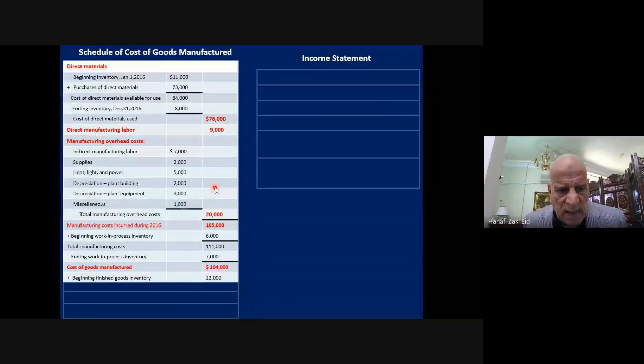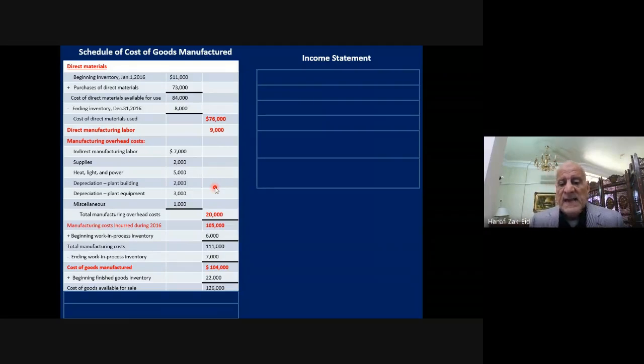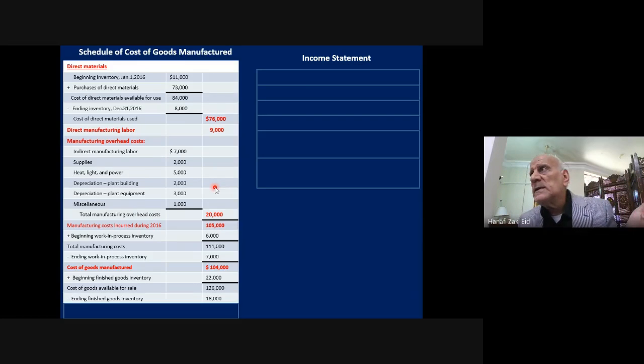So we say now, plus beginning finished goods inventory at the outlets, the sum of new manufactured goods during the period and beginning inventory of finished goods, the sum of these two represents total cost of finished goods available for sale. These goods were available for sale, but were not sold.